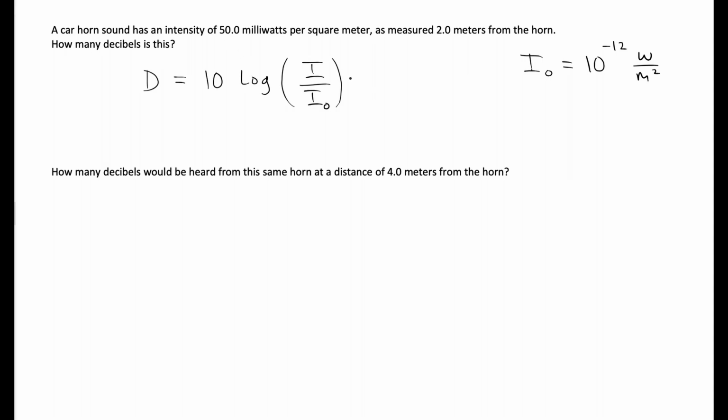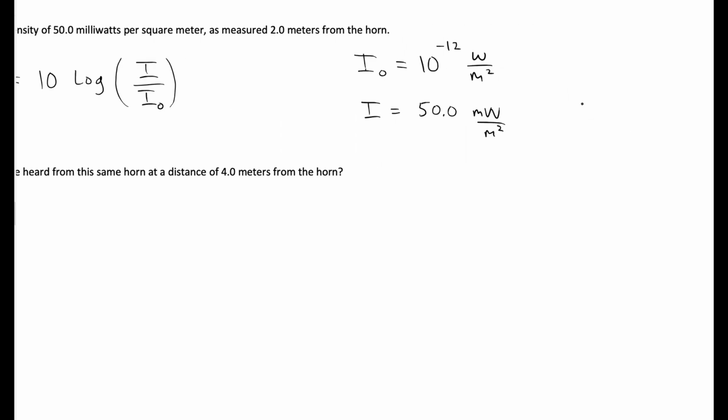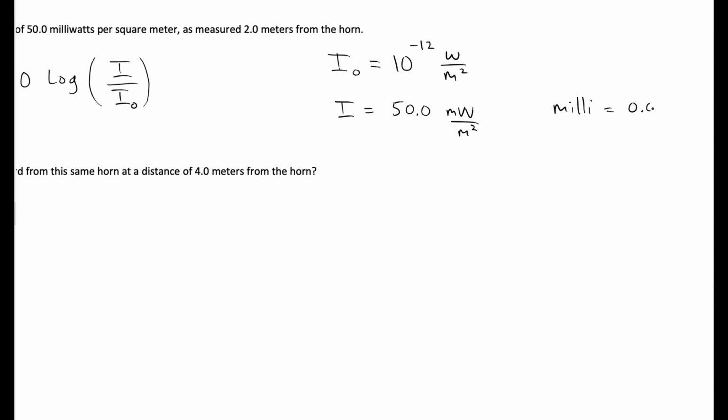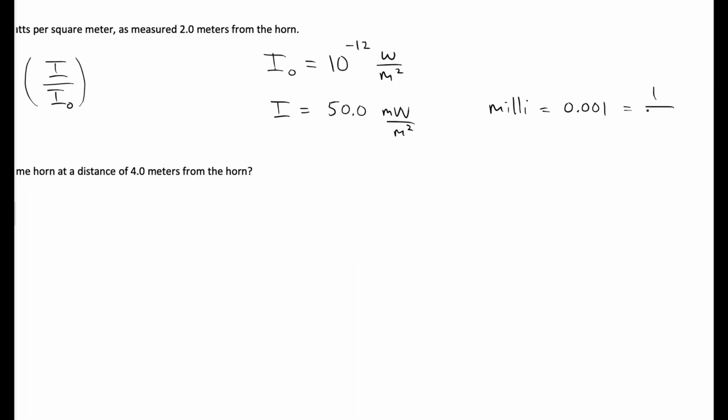Now, the intensity we were given is called I, and this is in milliwatts per square meter. I'd like to convert that to just watts per square meter. The m here stands for the prefix milli, and milli is 0.001 of something, or 1/1000th of a thing.